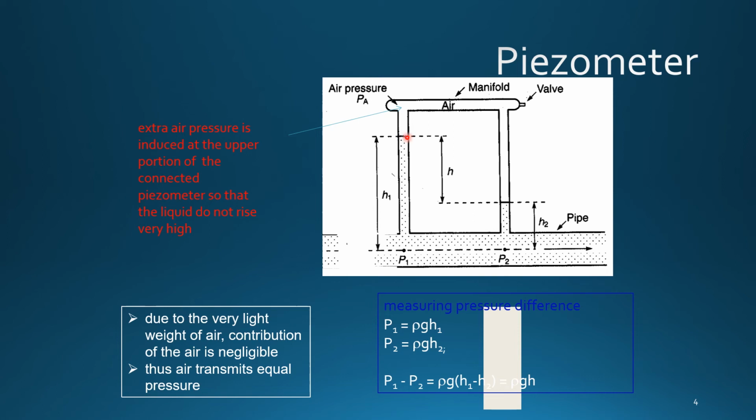But what you do here is apply the pressure from outside. This is the pressurized air, and for example, if the pressure here is around 20 meters, then if you put the air pressure around that value, this height would be a few centimeters, less than 20 obviously. Then this height of water would be much smaller and you can measure it.